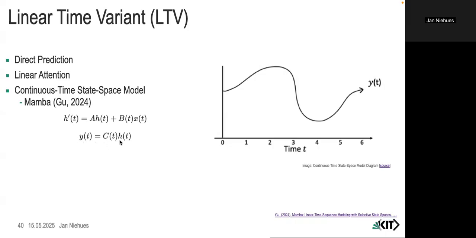And now you can try to sample this function at different positions, and that will give you the discrete version. And that is what is implemented in this Mamba paper, which is one of the most successful current versions of state space models, where they try to use this duality of sampling at specific positions, and this is part of the parameterization, where you sample in order to get your At and Bt.